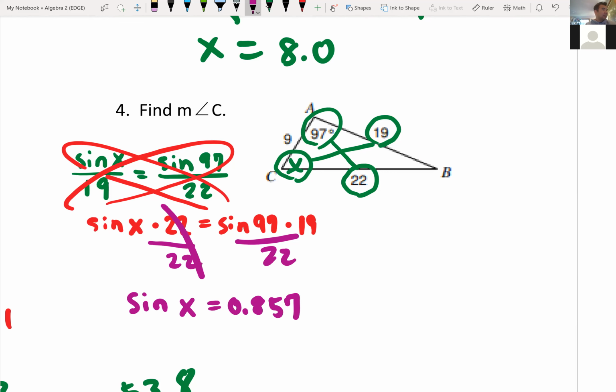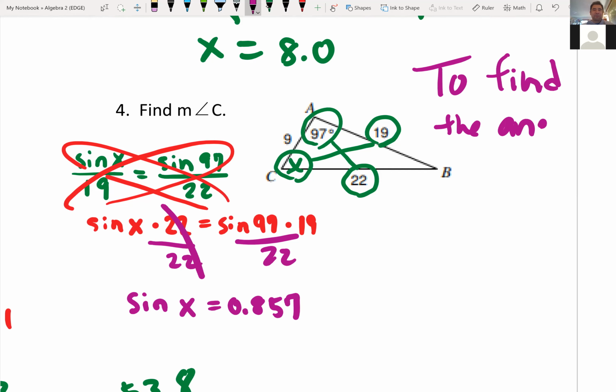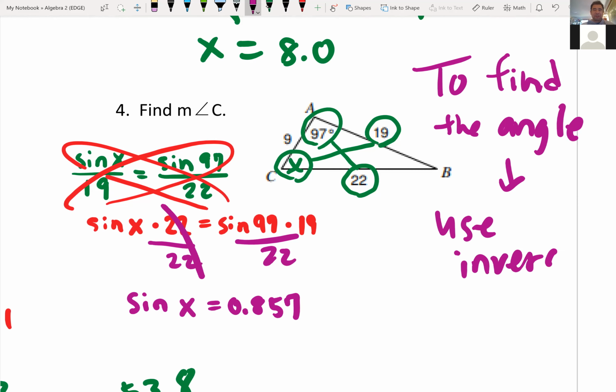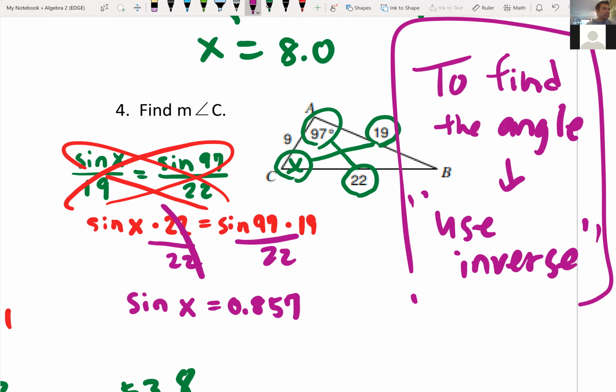And then, since we want to find angle measurement, how do we find angle measurement? You might want to write this down again if this will be helpful. Use inverse. I hope you can remember that. If you're finding an angle measurement, you've got to use inverse, okay?